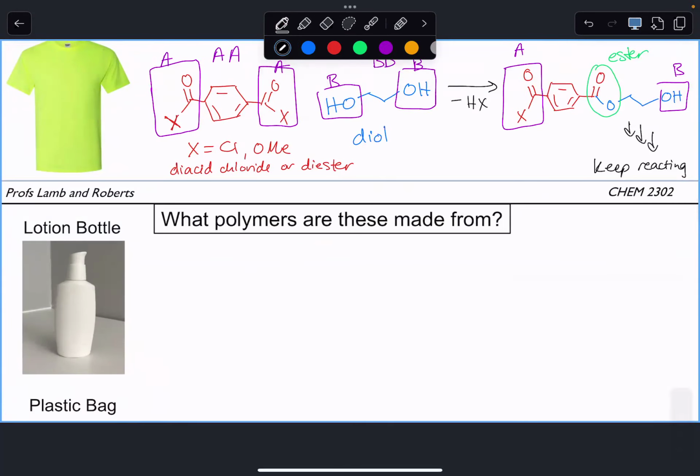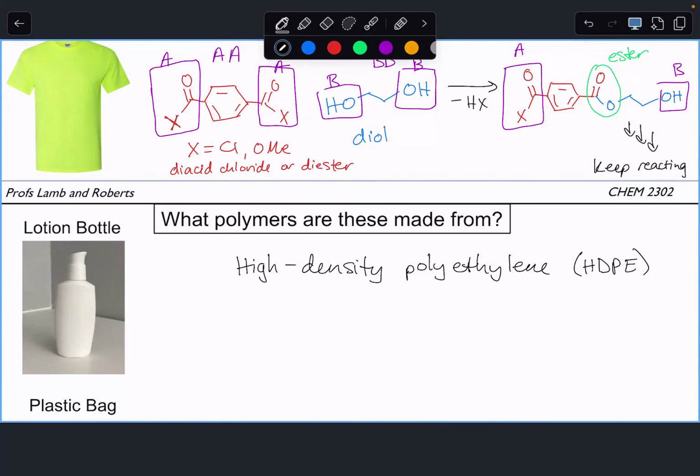So this is that high density polyethylene that I mentioned earlier, which is abbreviated as HDPE, high density polyethylene, which is just this linear CH2, CH2, CH2, CH2 over and over and over again. So this comes from ethylene, which looks like this.